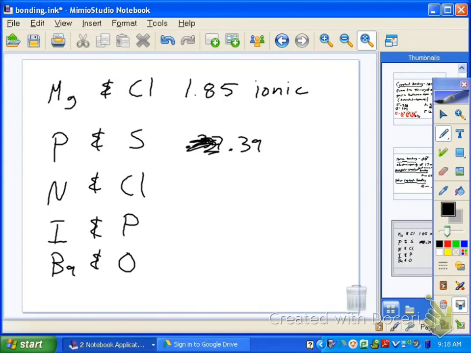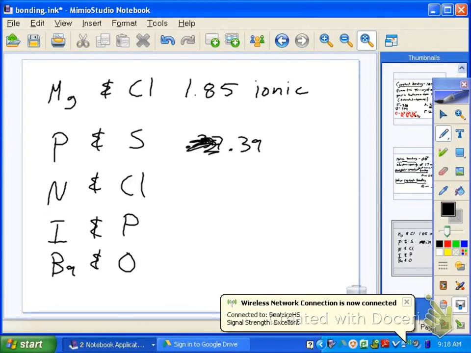If it's right on the line, you could say nonpolar covalent or polar covalent, and either would be fine. But do you think this is much of a polar bond if it's only 0.09 difference from the cutoff? No, it's not very polar. So in the future, this is how we're going to show polar. Okay? So this is called a polar covalent.